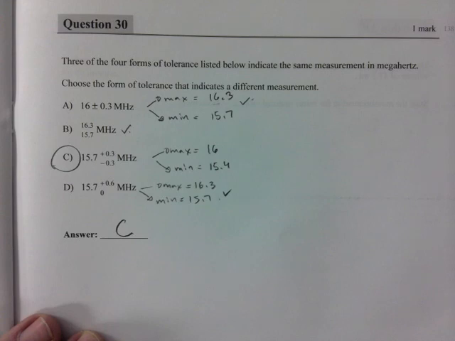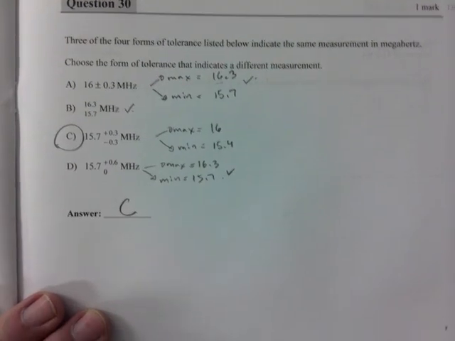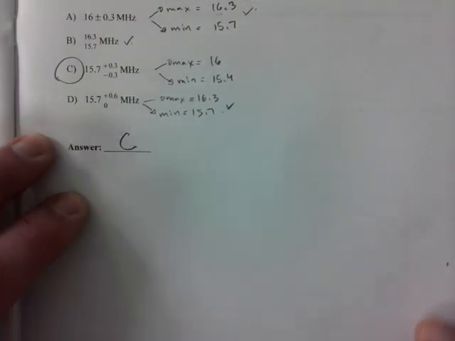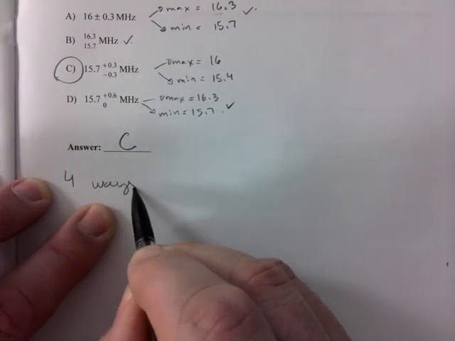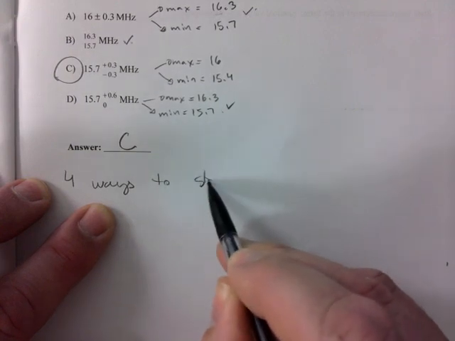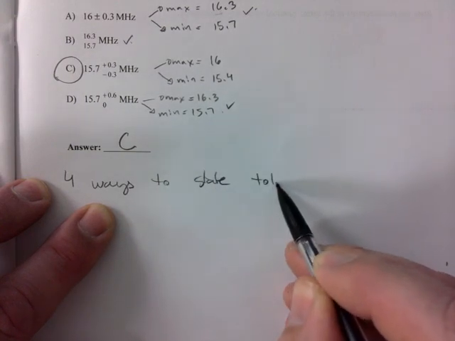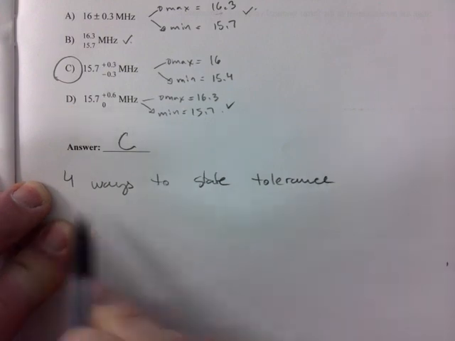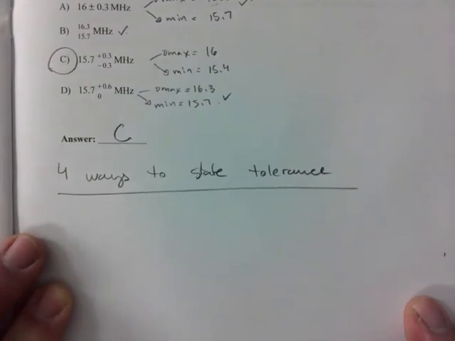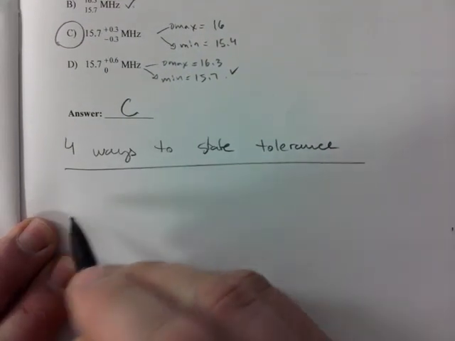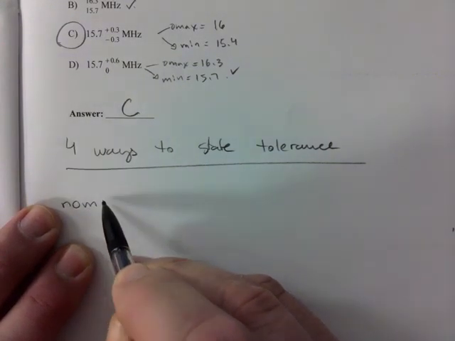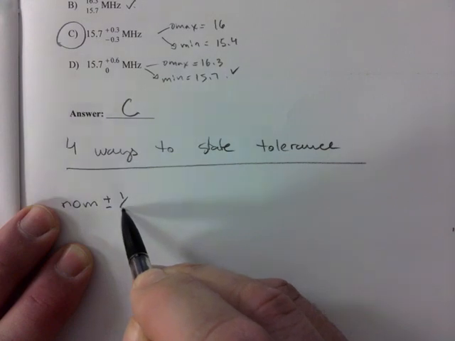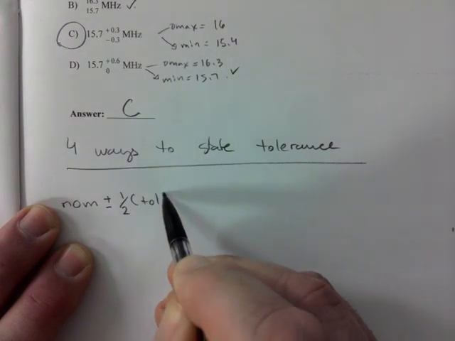And I'm going to take the time here to just review something real quick. 4 ways to state tolerance. There are 4 ways we learned to state tolerance. One of them is nominal plus or minus half of the tolerance.